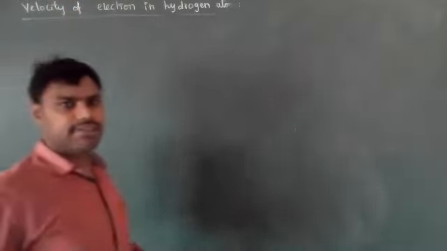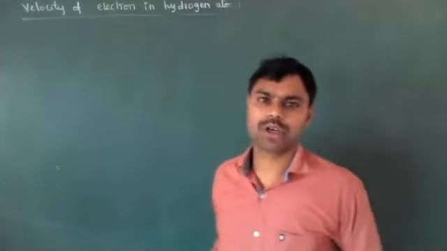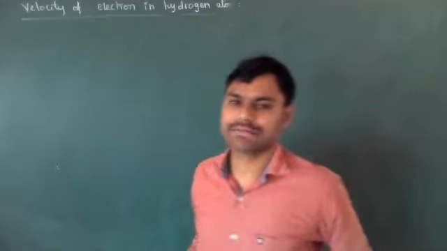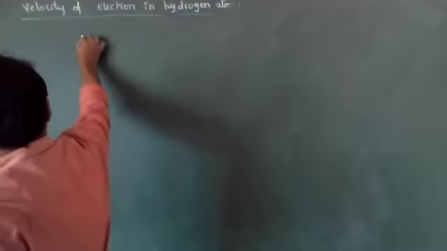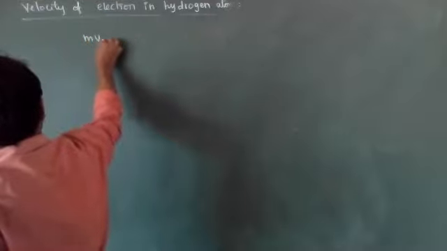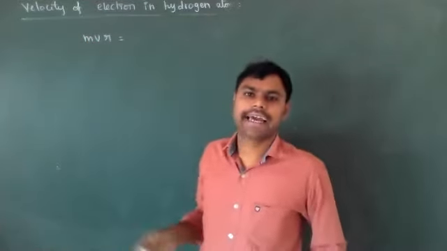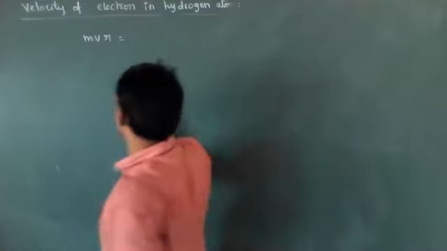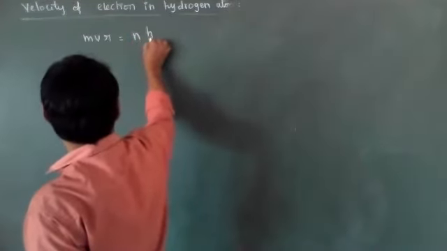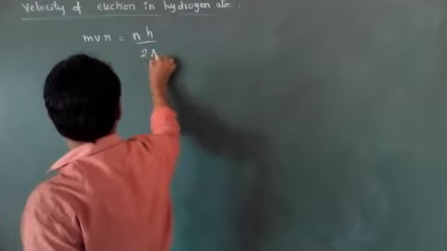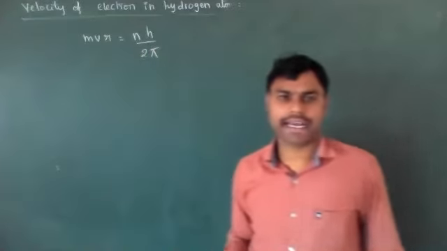For calculating the velocity of an electron in a hydrogen atom or hydrogen-like species, we know that mvr, the angular momentum of the electron, is equal to nh by 2 pi. mvr is equal to nh by 2 pi.